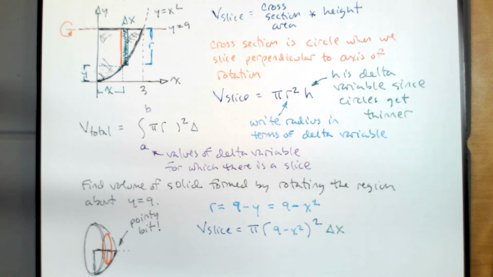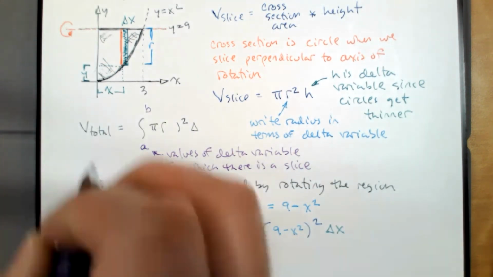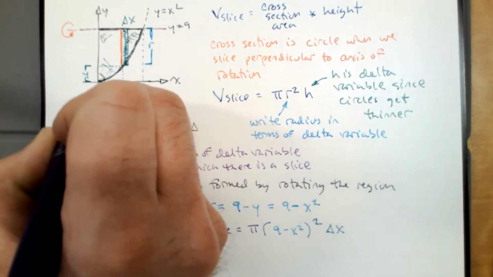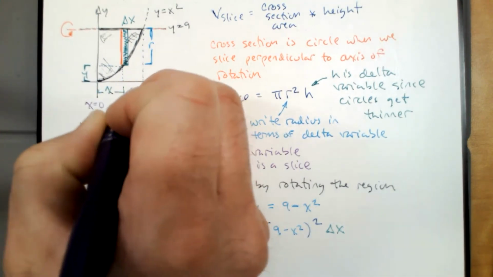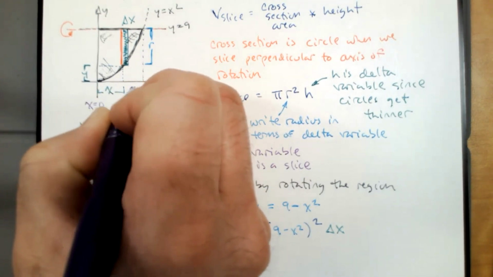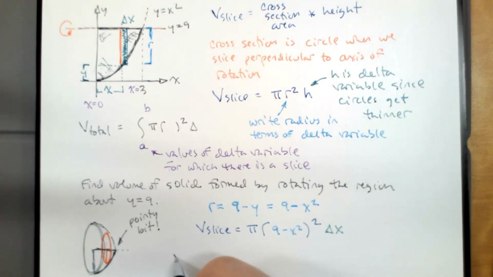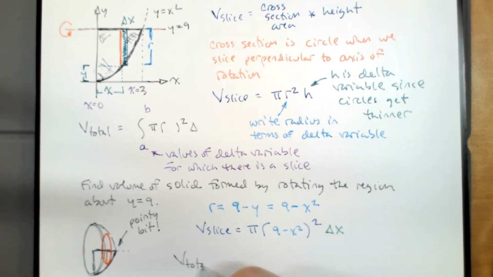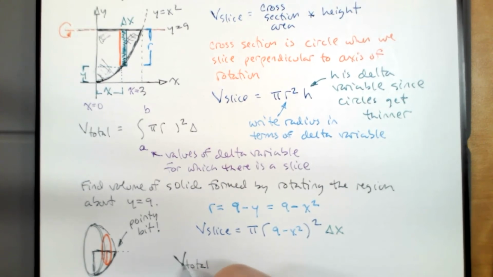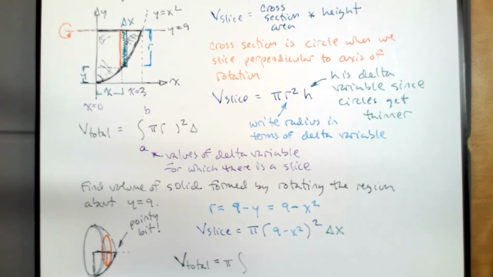My total volume will become an integral. I integrate over all the relevant values of x. The slices start at 0 and the slices end at 3. So my V total, I'm going to factor out the pi like we do.